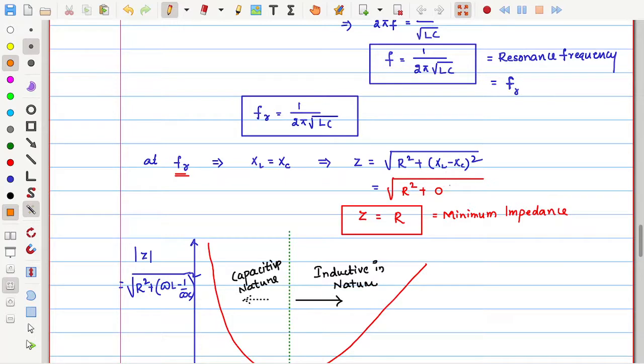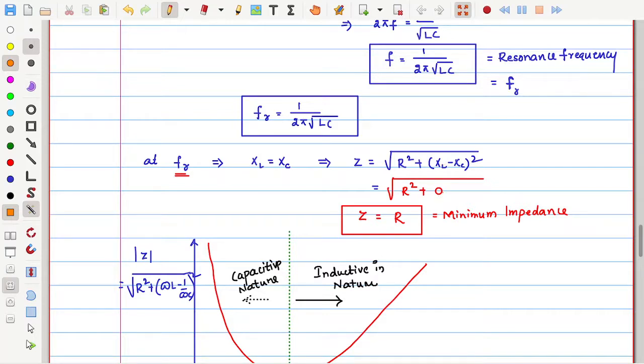Other than that, if some value of XL minus XC exists, negative or positive, whatever it may be, a negative square is again positive. So any nonzero value of this term will contribute some value over here.